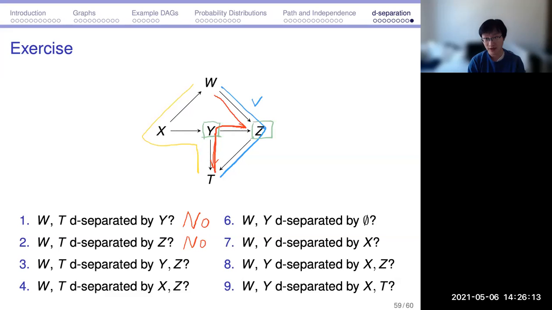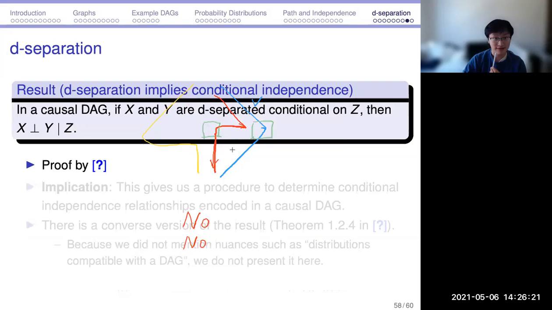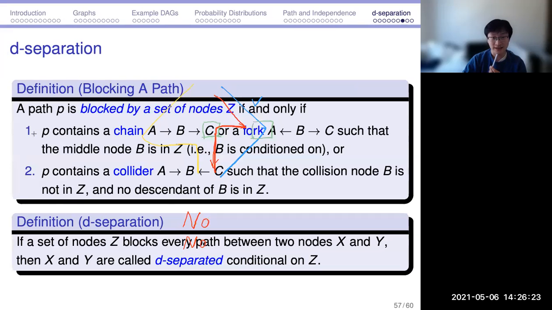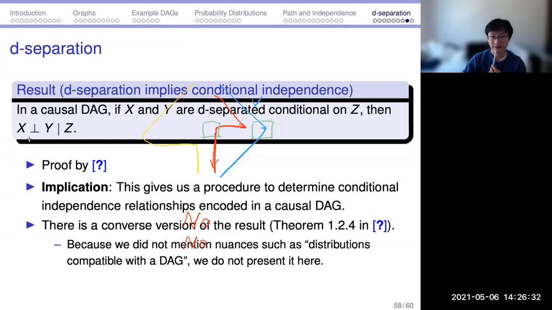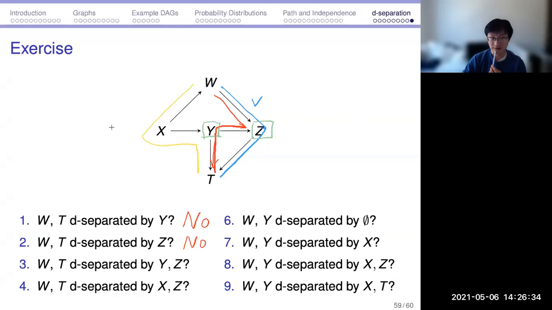And it's okay if we're also conditioning on Z, because the definition of d-separation is that as long as one or two holds, the path is blocked. So here we're satisfying one, and therefore the red path is blocked.